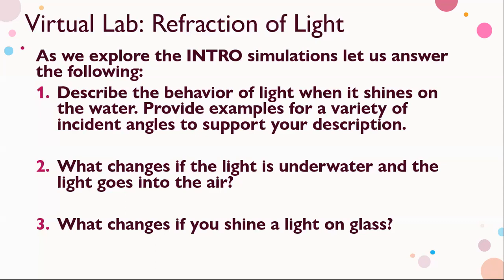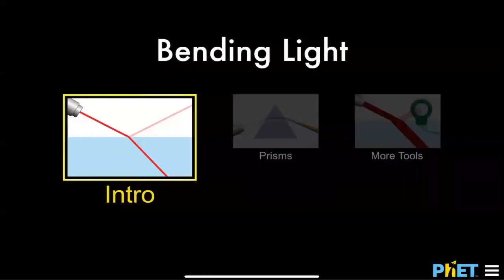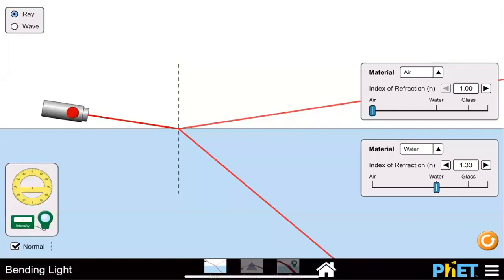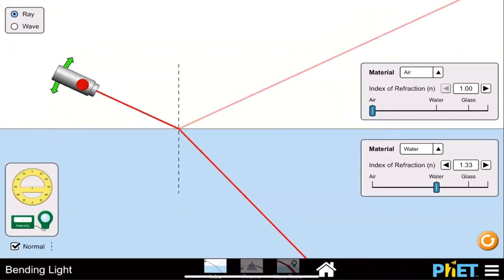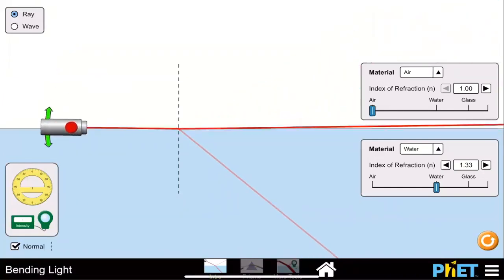So let's look now into the simulation from PhET, Colorado. We have here a laser pointer that's already on, and we have two materials with two different indices of refraction. We have air, which is 1, and the index of refraction of water is 1.33.